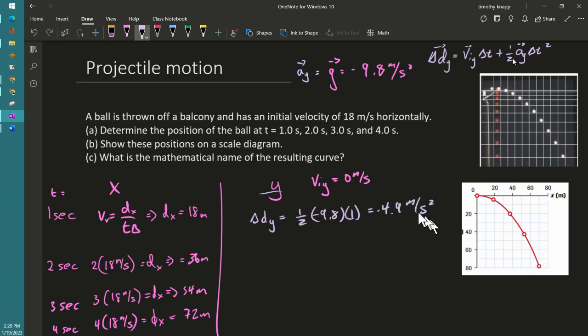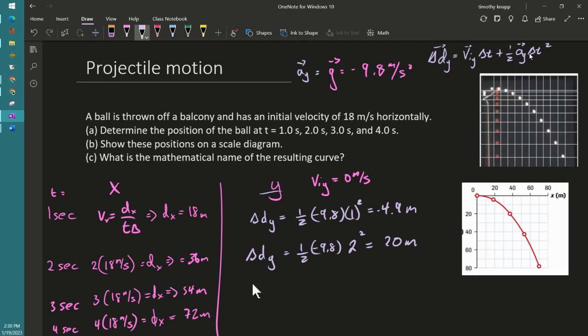Oh, sorry, these are meters. When 2 seconds have elapsed, I'm just taking 2, then it's 1/2 times negative 9.8 times 2 squared, and I'm going to end up getting about a 20.